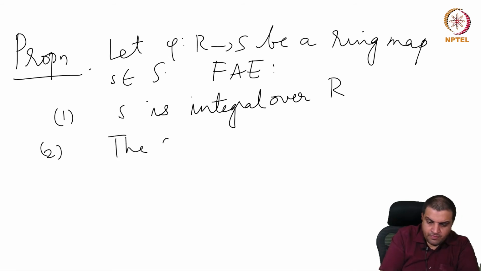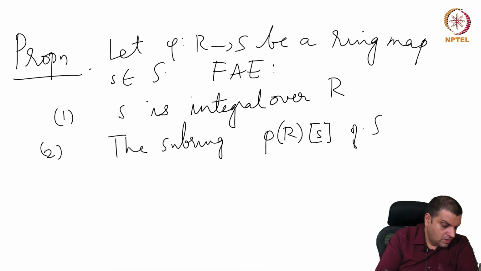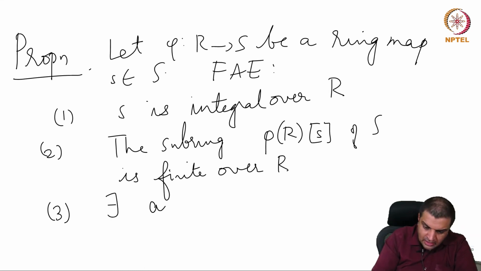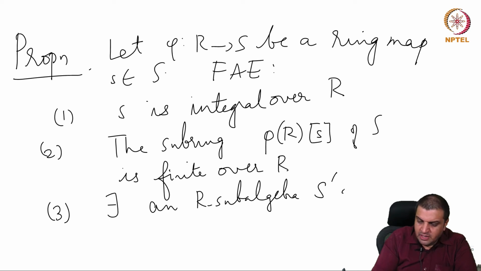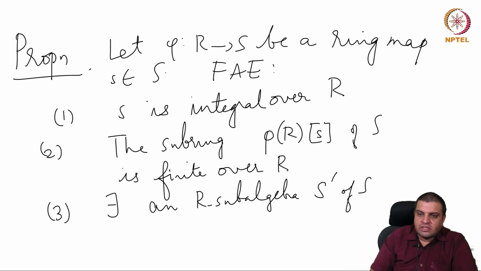The subring which is generated by the image of R inside S and little s of S is finite over R. And 3, there exists an R subalgebra S prime of S. So it is a subset and it is a subring, but the map from R to S goes through this S prime.